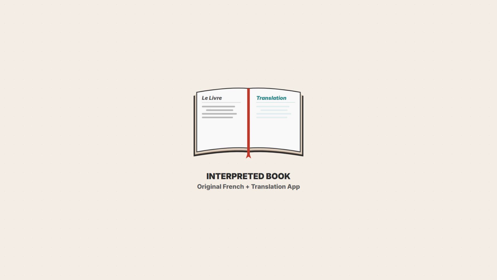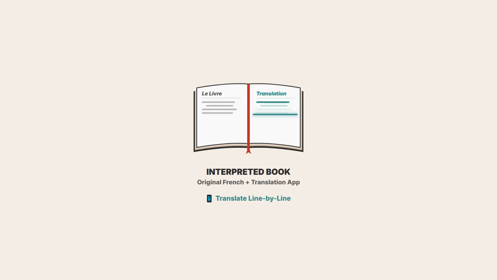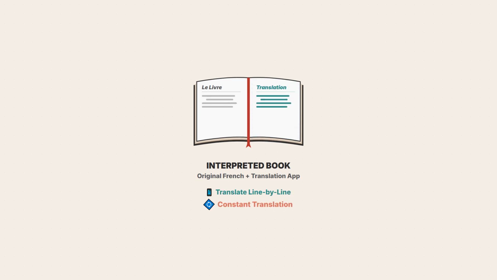As you read each line, you use a translation app to translate it on the spot. You're constantly translating and reading at the same time. Languages that translate everything first are called compiled languages. Languages that translate on the fly are called interpreted languages.